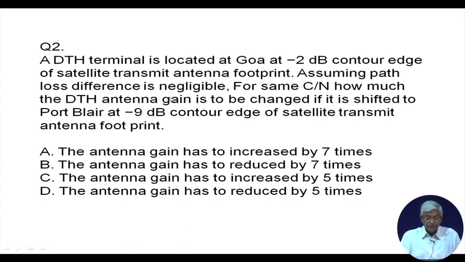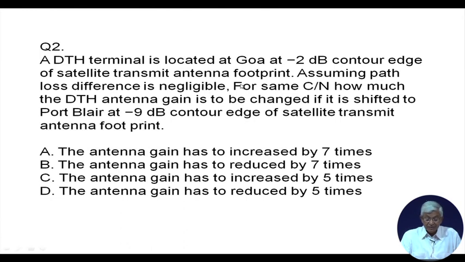Assuming path loss difference is negligible, for the same C by N, how much should the DTH antenna gain be changed if it is shifted to Port Blair, that is in Andaman, which is at the minus 9 dB contour edge of the satellite transmit antenna footprint? So, we are imagining the footprint of the satellite antenna on India such that at Goa it is 2 dB less than the peak, and at Port Blair it is 9 dB less.